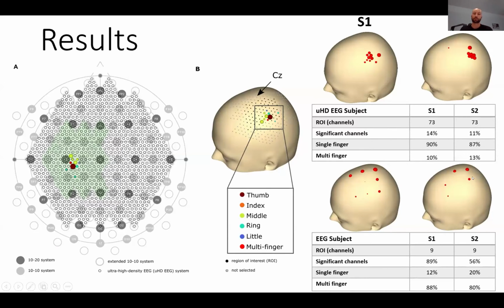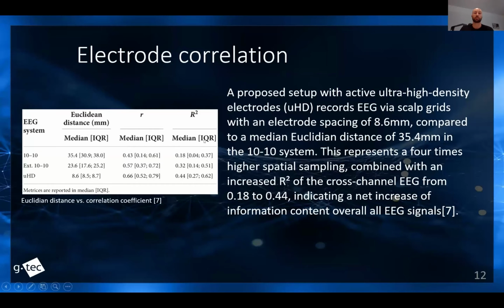And further on, because that's often very important also, people ask what is the correlation of the electrodes, and we compared it here with the 1010 extended 1010 ultra density. You can see the sensor distance 8.6 for the ultra density and 35.4 millimeters for the 1010, for example.